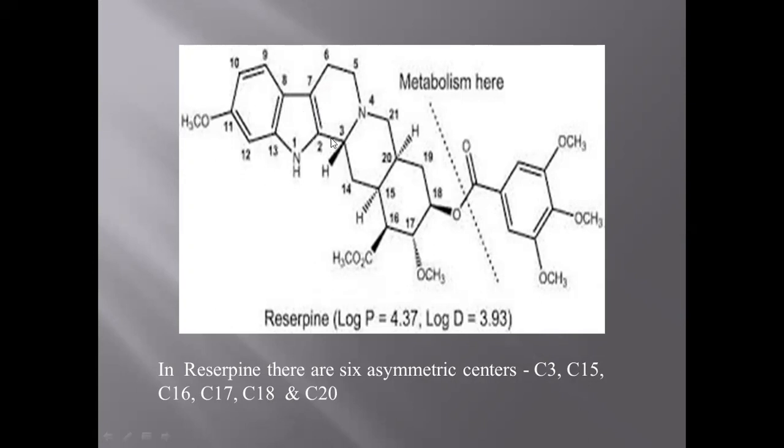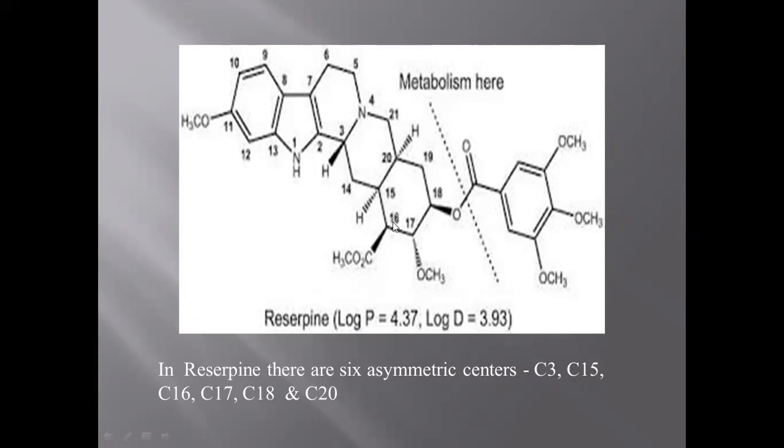Whereas here, the third carbon is having a hydrogen and is attached to nitrogen and 2 different carbons. So C3 is asymmetric. And 14, if you see, this is carrying 2 hydrogens, 2 similar atoms. This is not asymmetric. Coming to 15, here you can see 1 hydrogen. This is an asymmetric carbon.